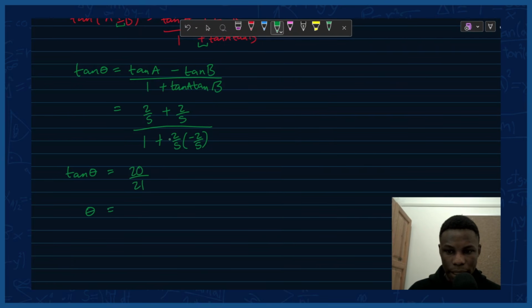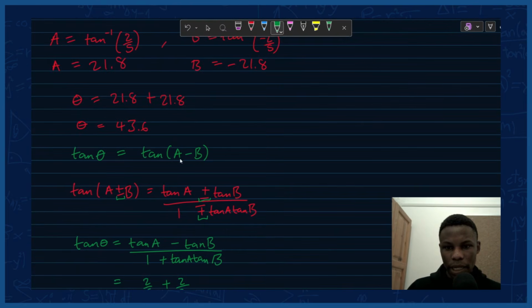And so theta is equal to arctan of 20 over 21, which would be the final answer, because this is the form that they requested, right? And we can just double check that this actually gives us what we had. We had 43.6, and this does in fact give us the 43.6.